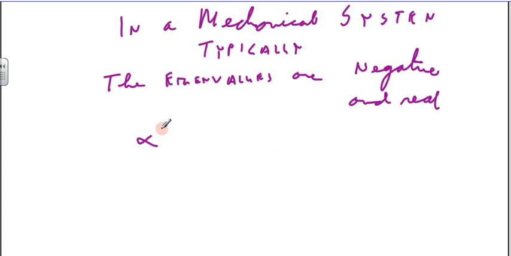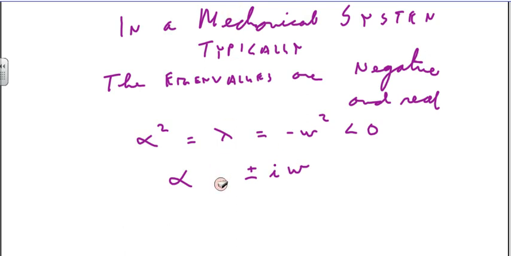So alpha squared is equal to the eigenvalue, which is going to equal minus omega squared, which has to be less than 0, and alpha is going to equal plus or minus i omega, where omega is the angular velocity.